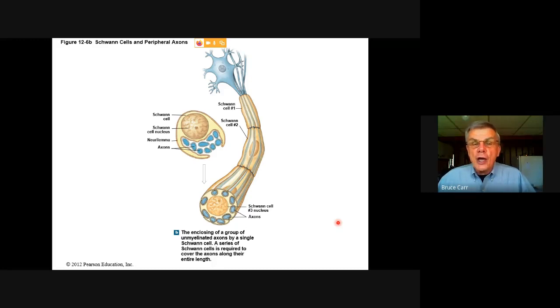You'll notice this drawing is almost unbelievable, how a cell can surround, in this case, it looks like 8 or 9 axons. And wherever it contacts an axon, you get that circular growth around and around, separating the axon not only from the surrounding fluids and cerebrospinal fluid, leaving only the nodes exposed, but also separating them from one another.